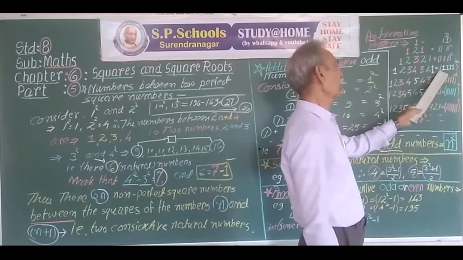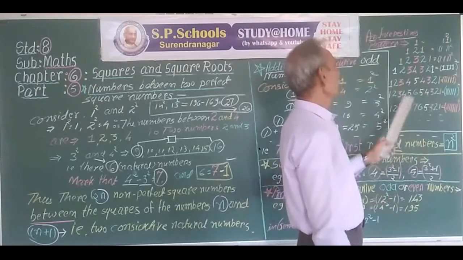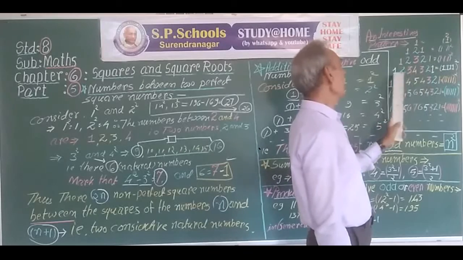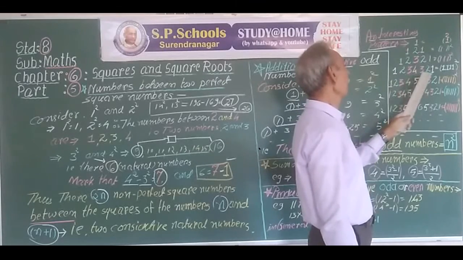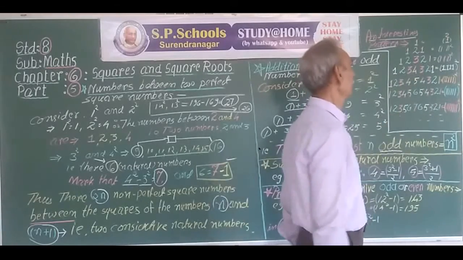There are 4 ones. So the square will be 1, 2, 3, 4, 3, 2, 1.